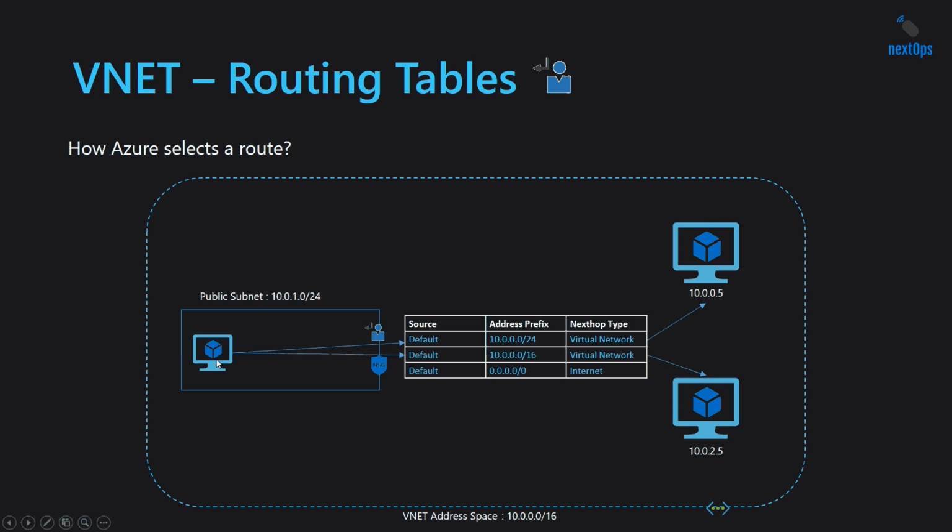From the source, when it wants to communicate with 0.5, it chooses the first route, and to communicate with 2.5, it chooses the second route. As I mentioned earlier, this one falls under this particular CIDR block, and this one falls under that particular CIDR block. Based on the longest prefix match algorithm, it chooses the respective routes.